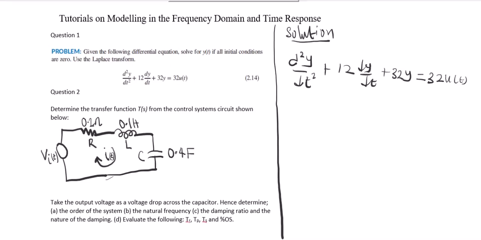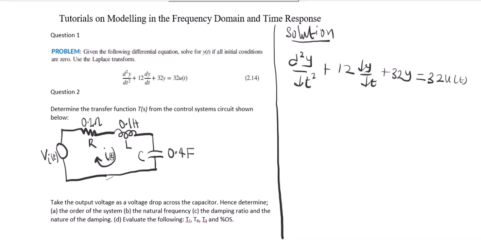Now to solve for y of t, which is in the time domain, we have to move from the time domain to the frequency domain and then use partial fractions to come back to the time domain in order to get the output response, y of t. That is one of the reasons for the importance of modeling in the frequency domain.